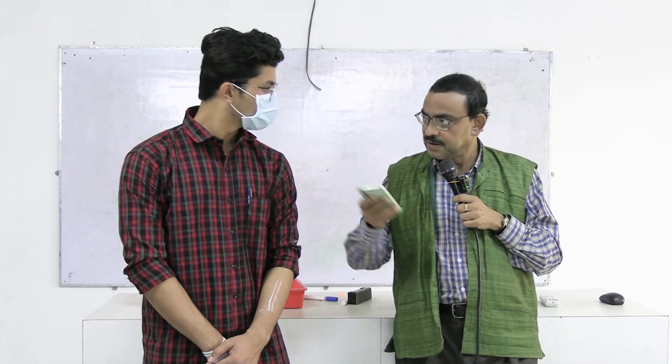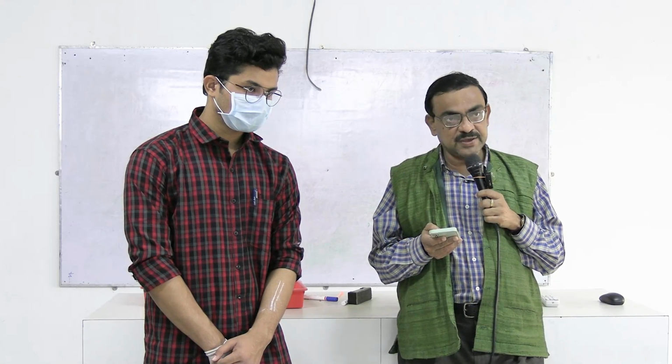So there are some processes: spinous process, acromion process, coracoid process. So first one is angle of acromion process. Your friend will help you.